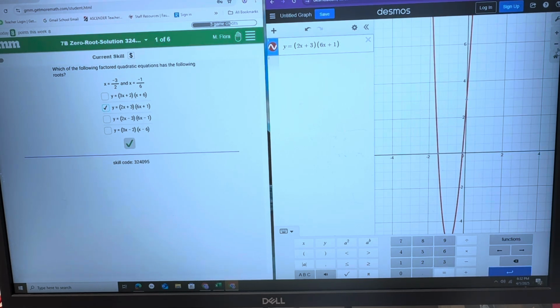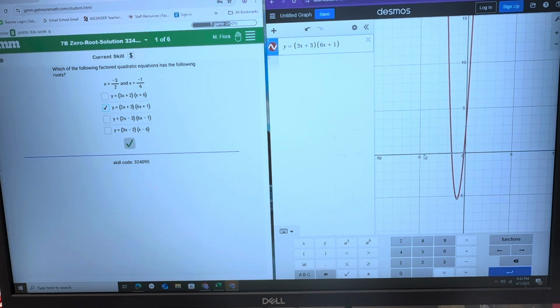Actually, it's less than that. Let's zoom out. There we go. So on Desmos, you have to watch the units. So as you zoom in and zoom out, the units change. So sometimes it's not a 1-to-1. Now it is. So now we can see the -1.5. It was concerning me a minute ago. And check.